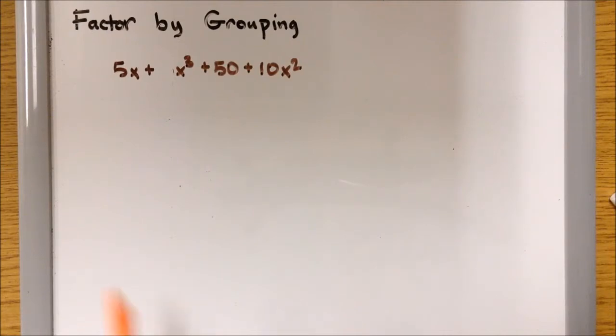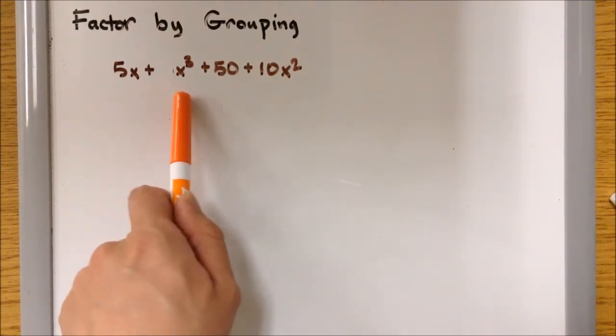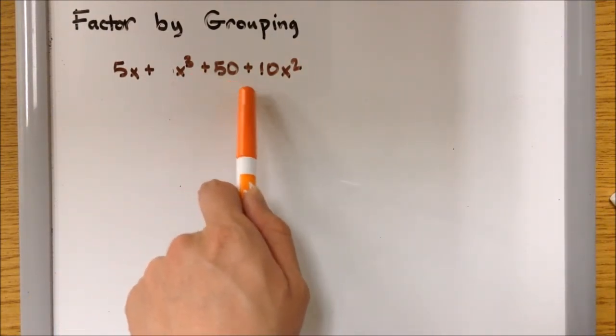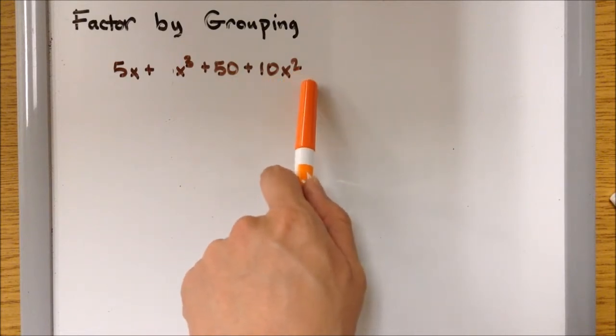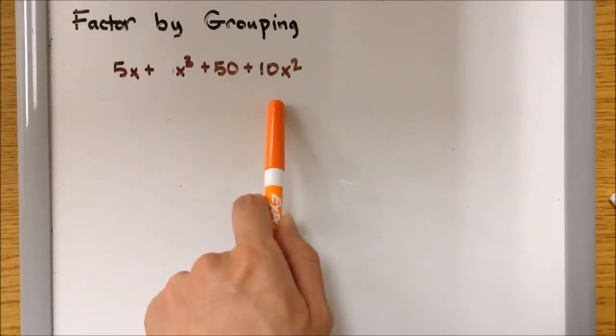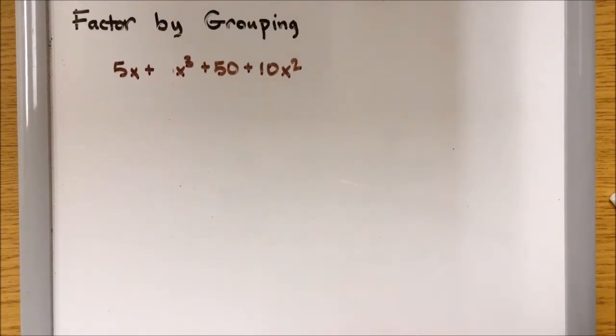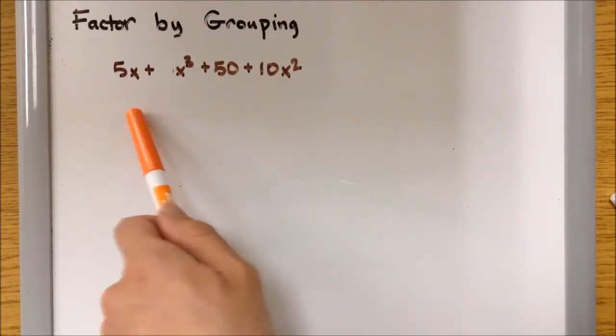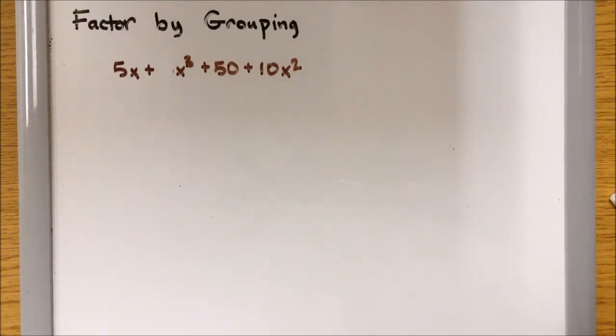In our second example, we have 5x plus x to the third plus 50 plus 10x squared. So I take a look, I have 1, 2, 3, 4 terms. This means we're going to factor by grouping, and we can't combine anything together, so for sure it's going to be factored by grouping. Next, we're going to make sure it's in order. I typically start off with the highest exponent.